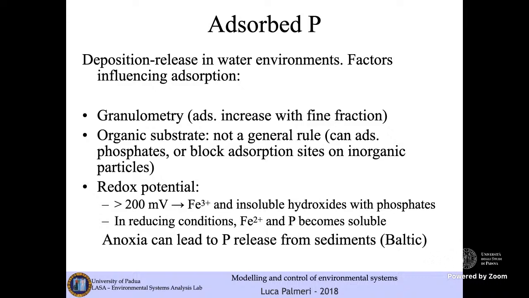The organic substrates, but this is not a general rule, we may say that organic substrates can absorb phosphates or block adsorption sites on inorganic particles.